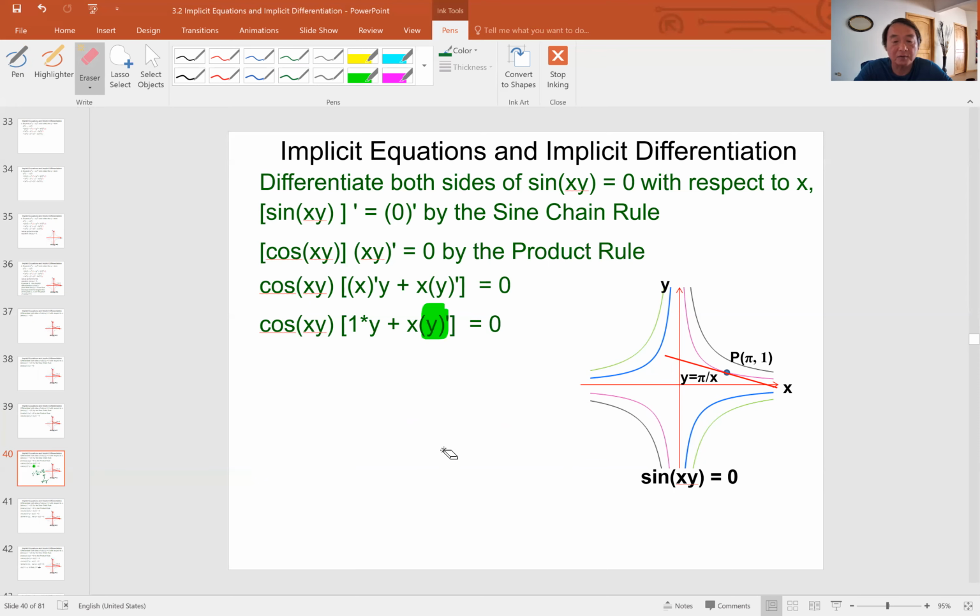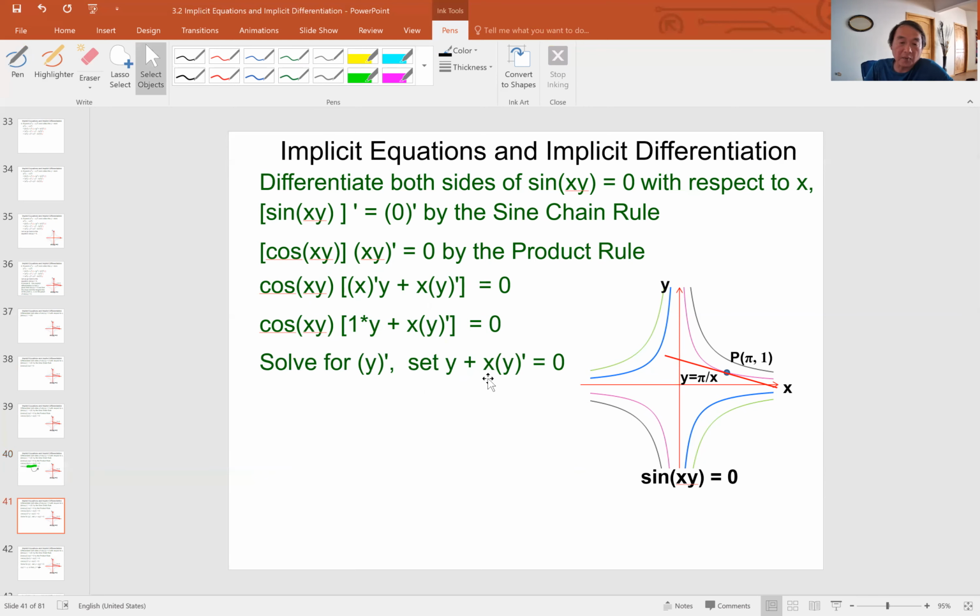This is just a very convenient notation for tracking that. So with these implicit differentiations, for this equation to be true, this has to be true. To solve for y prime, that portion is 0, and that says y prime is minus y over x.